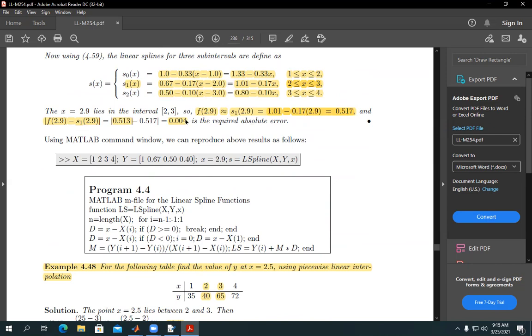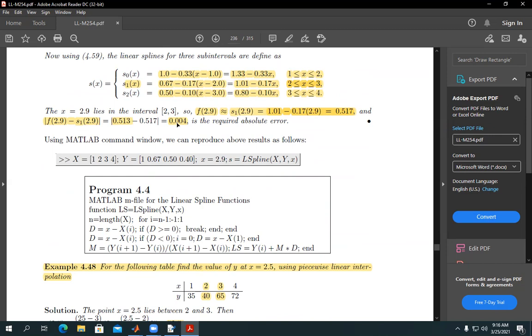And you have a very good answer. Absolute error, as I told you, linear interpolation generally does not give you a good one. But here you have a very good accuracy, 10 to the minus 3, just using linear interpolation. That's the thing here.